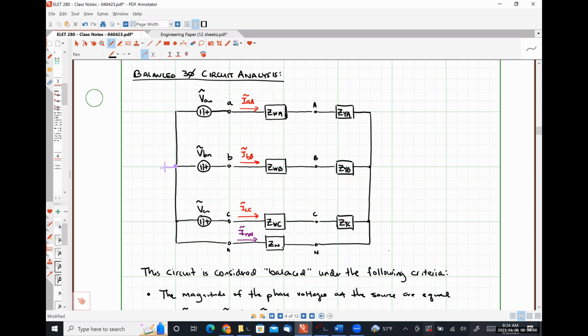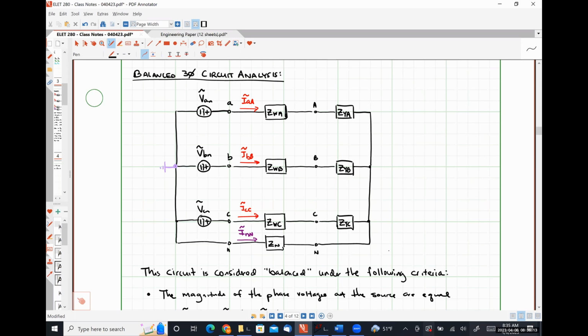If I want to express the current IAA in terms of these impedances, I need to know what the voltage drop across those impedances is going to be.